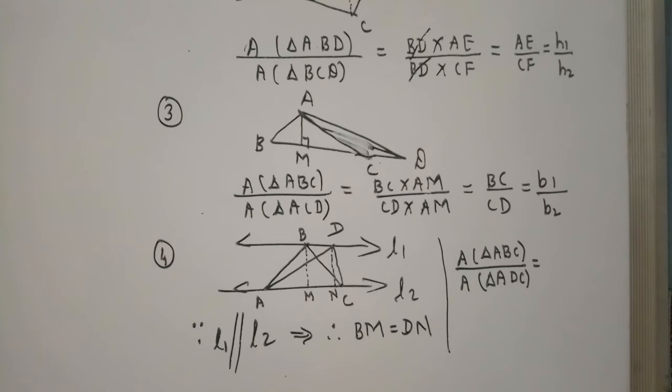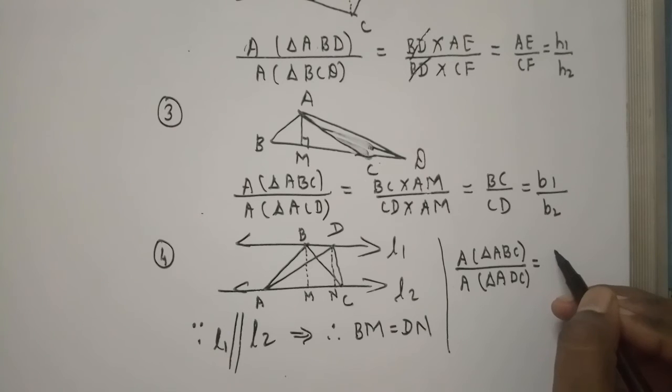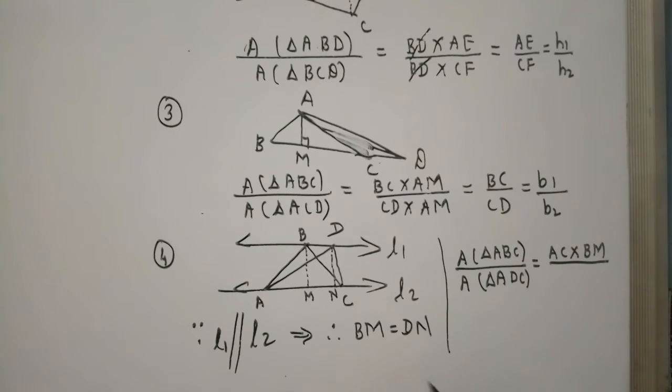That means we need to write base 1 into height 1 upon base 2 into height 2. So what is base 1 in the first case? Base 1 for the first triangle is AC, into its height BM, upon, for the second one ADC, base is AC, height is DN, right?